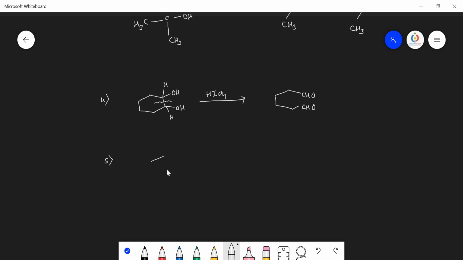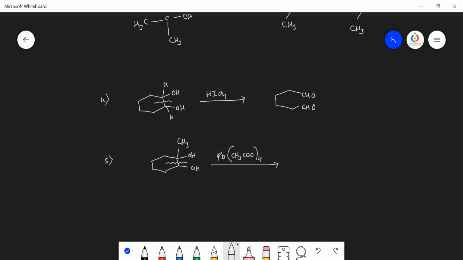Now let us try to place OH groups, and take lead tetraacetate, Pb(CH3COO)4. Now again you break the bond over here, and this part has the methyl group.